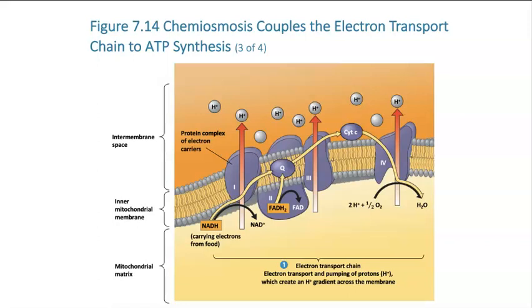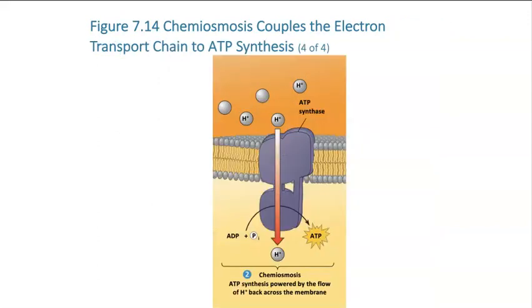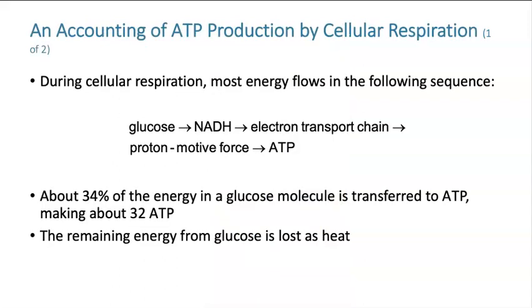Just a close-up here of the electron transport chain, as well as a close-up here of the ATP synthase and the process of chemiosmosis. If we do some math, we can start to account for everything that's happened.